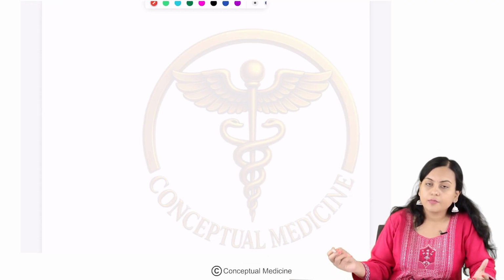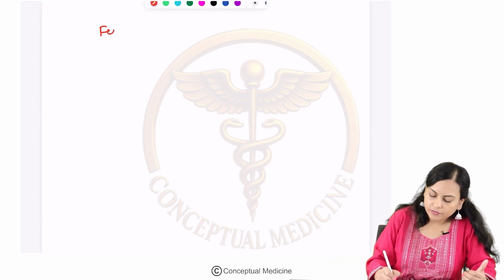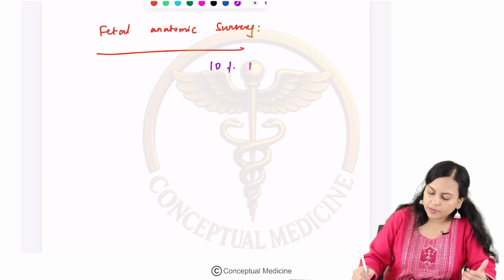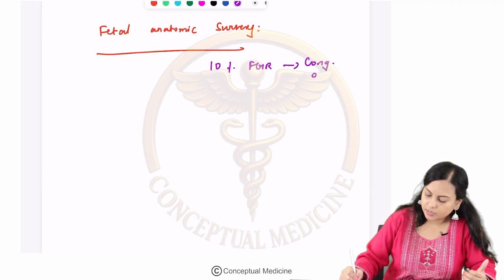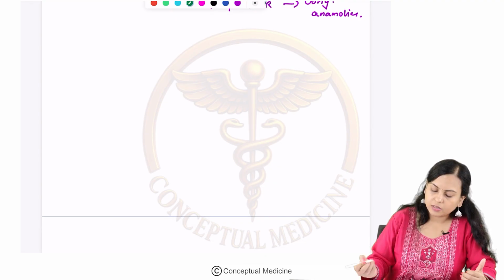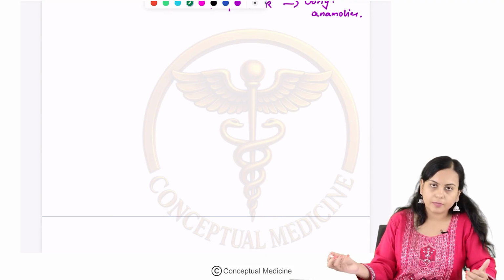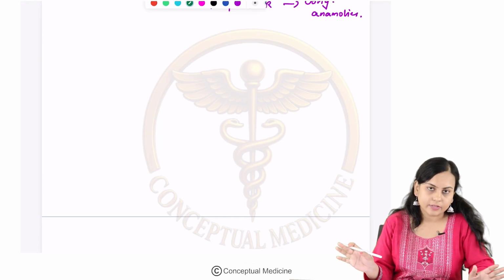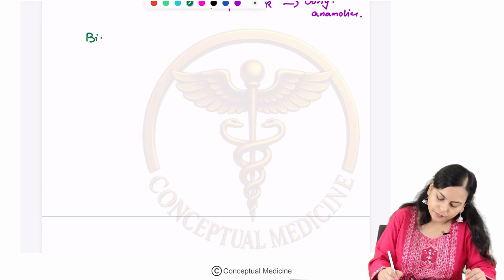And most importantly, you have to do a fetal anatomic survey, because know that 10% of FGR is associated with congenital anomalies. And we have some association with biochemical markers also. Remember, these are not used for diagnosis; these are considered only high risk.